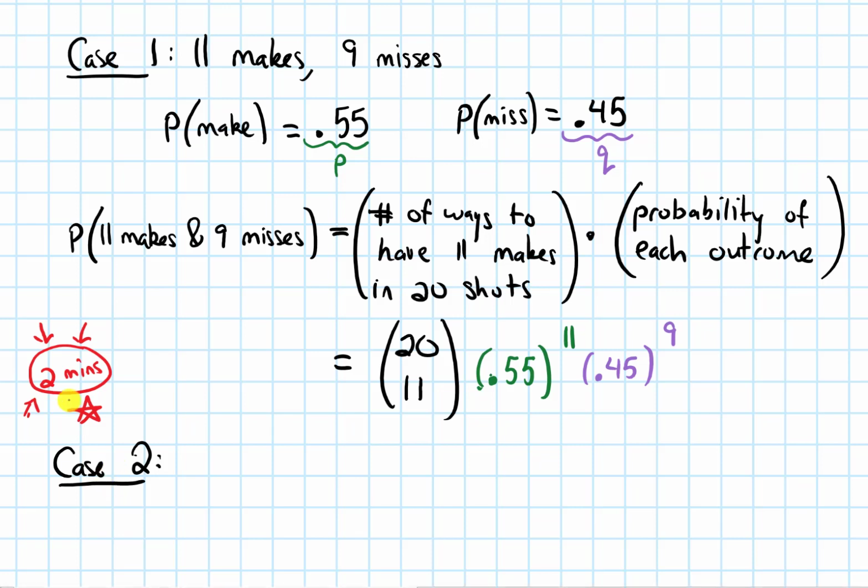Alrighty, so hopefully you paused it and tried this for about 2 minutes. Let's talk about it together. So in case 2, we need to have 9 makes and 11 misses.